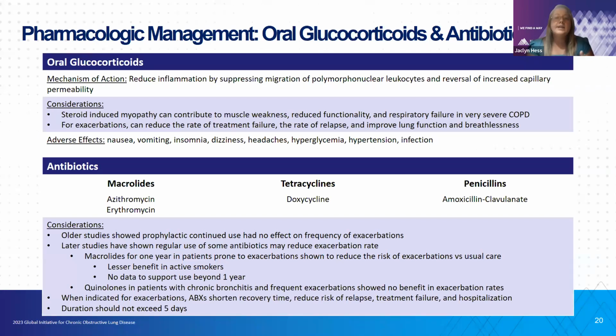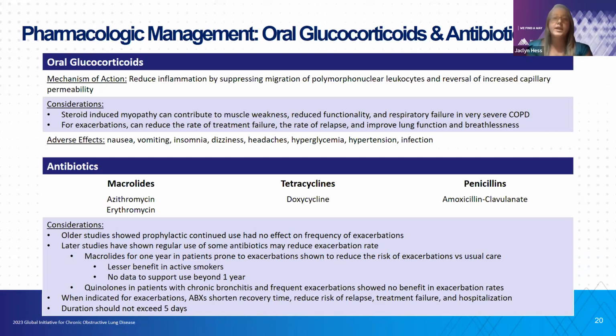The main time that we'll see antibiotics coming on board outside of our higher risk patients is during those exacerbations. So if patients have any signs of infection, they have the 3 cardinal signs, so increased dyspnea, increased sputum volume, or increased sputum purulence.